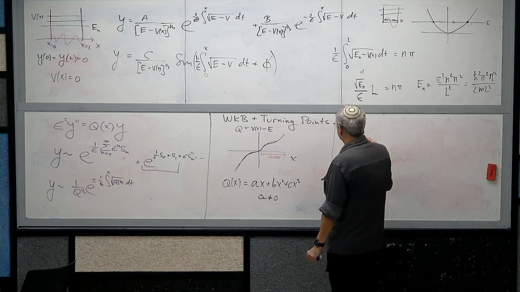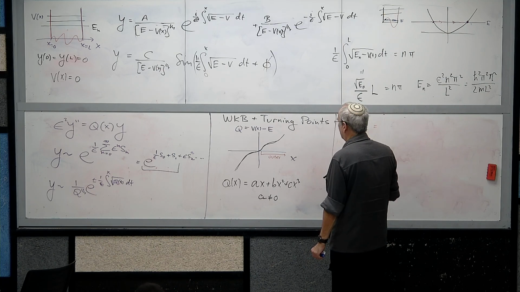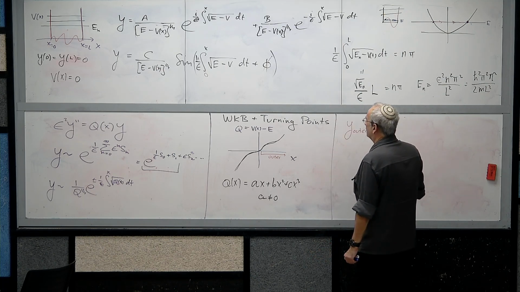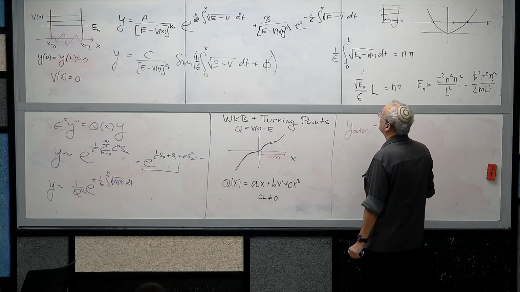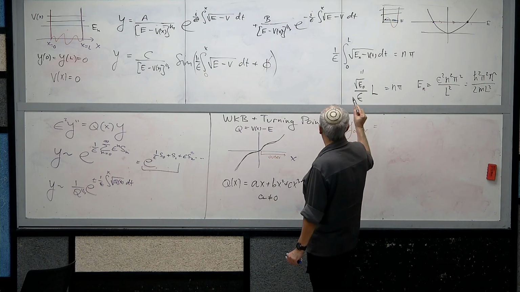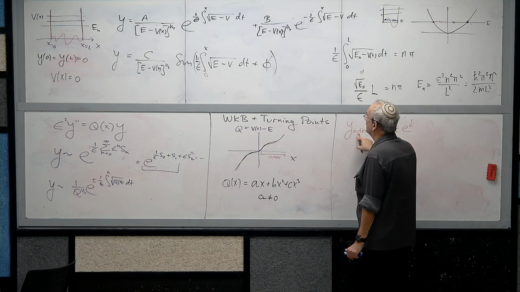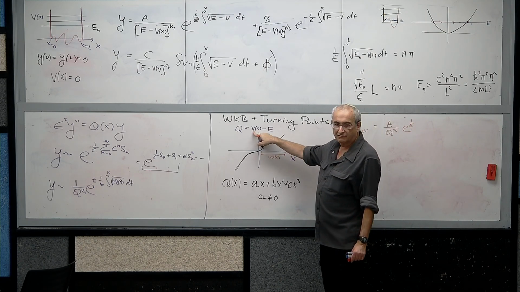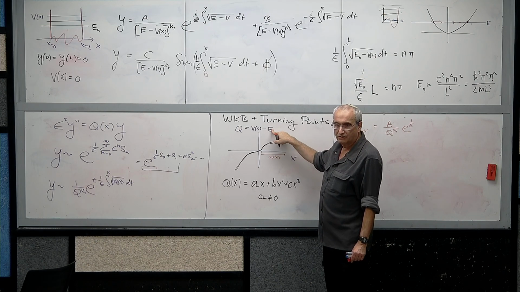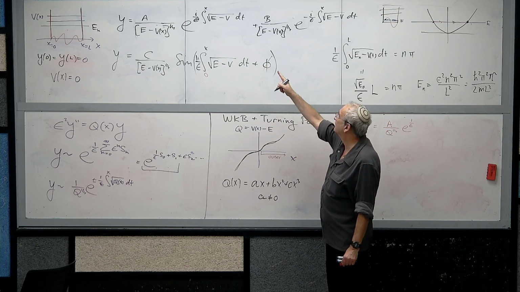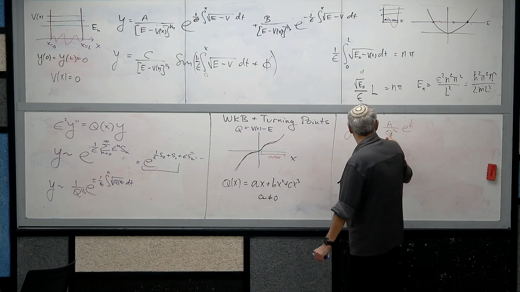So, in the outer region, I can write y outer as A over Q to the 1/4 times e to the 1 over epsilon, because in the outer region Q is positive and larger than epsilon, so we use not the i version, but the one without i.